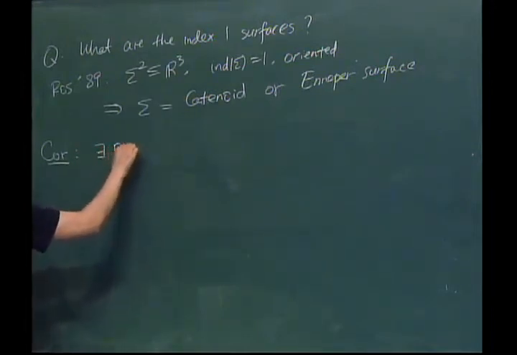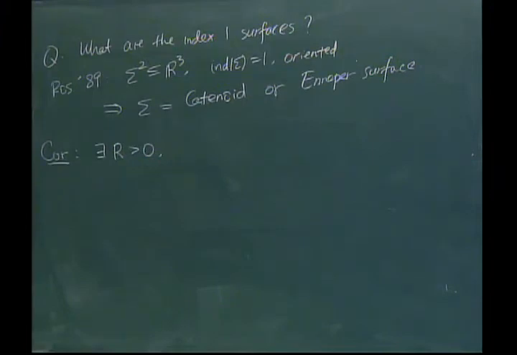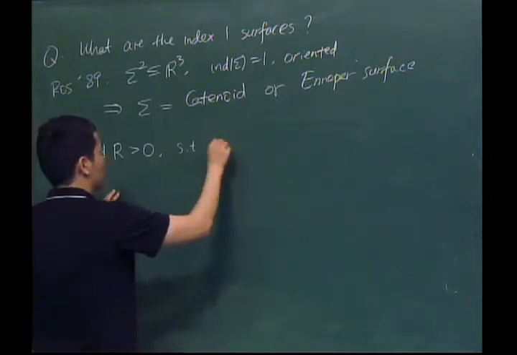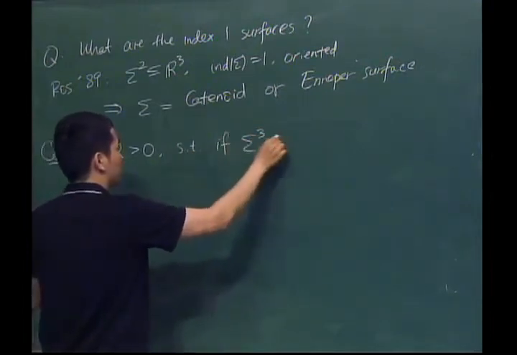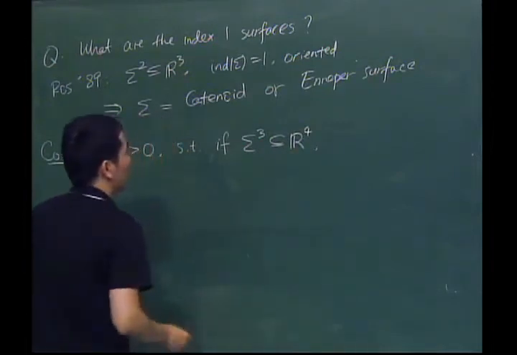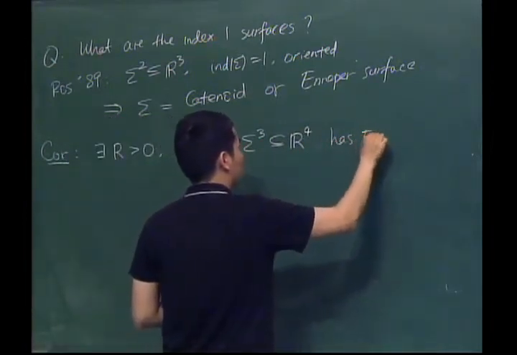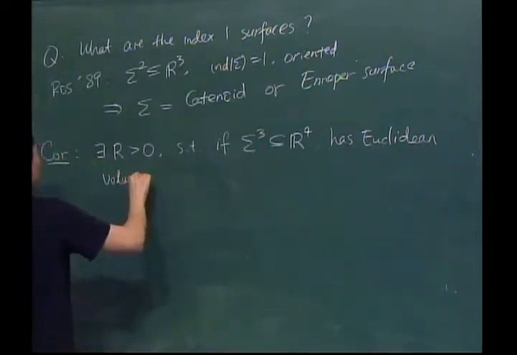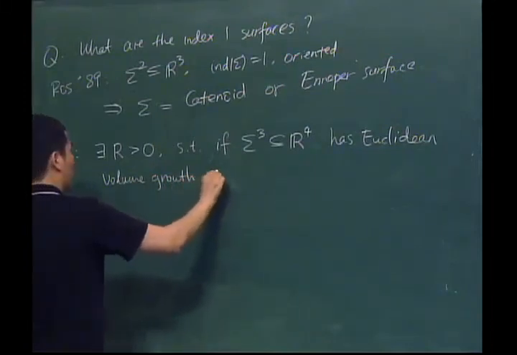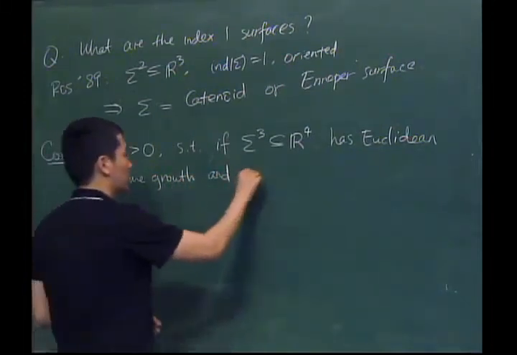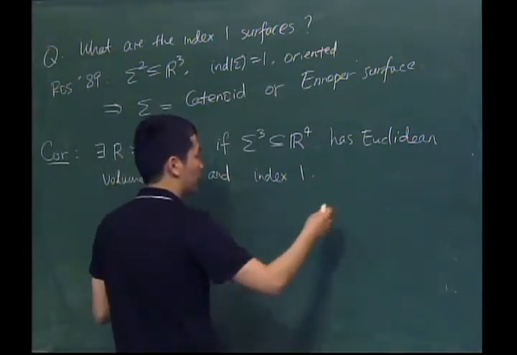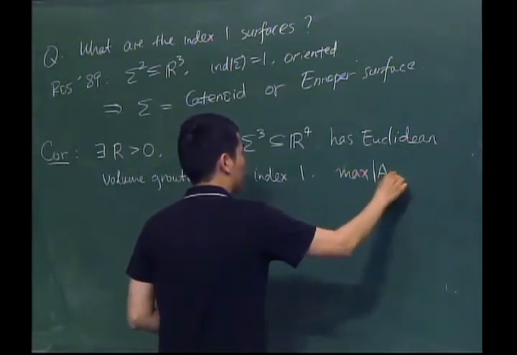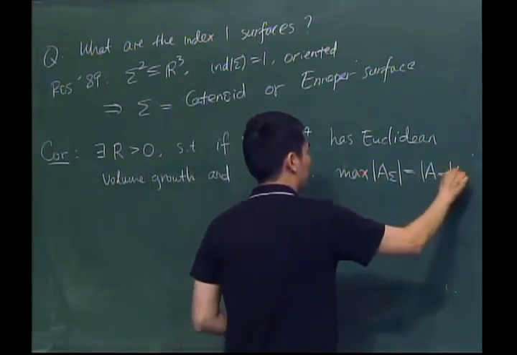So what I can say is that there exists a uniform constant R bigger than 0, such that the following is true: if sigma 3 contained in R4 has Euclidean volume growth and index 1, and also normalized, let's say, such that the maximum of the curvature is achieved at 0.